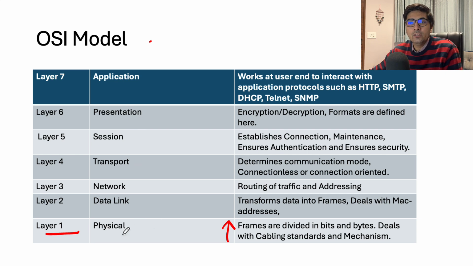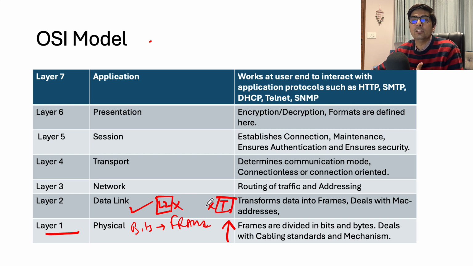Okay. So here your bits and bytes will be converted into frames and sent to the data link layer, and here it will remove the L2 header and the trailer. This is known as decapsulation. And then at the network layer, the L3 header is removed, so it will become packets here.